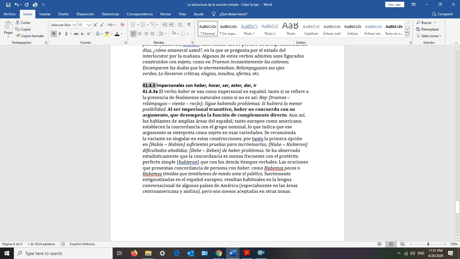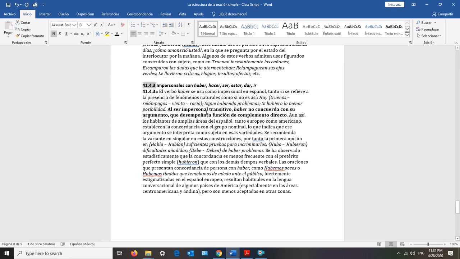Hay truenos, relámpagos, viento, rocío. That would be a natural type of phenomenon. Or sigue habiendo problemas, right? That is not a natural type of phenomenon.